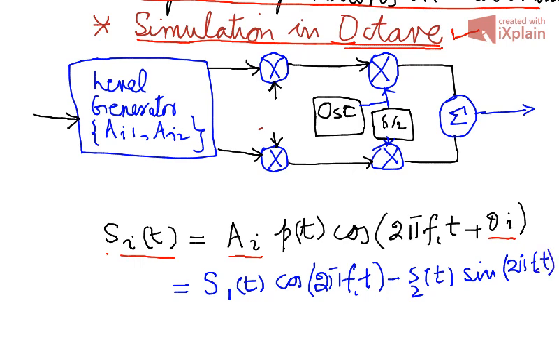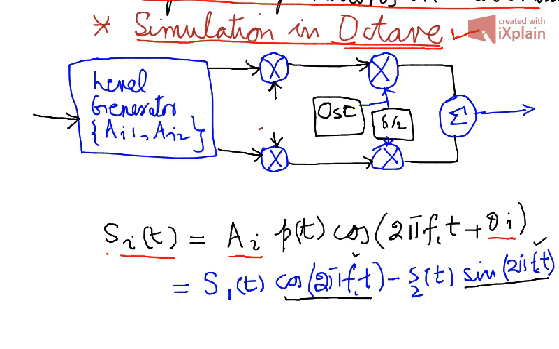So you can rewrite this equation as a linear combination of two orthogonal signals, the cos carrier and the sine carrier, and the frequency is f_c for both. So we have two orthogonal carriers at the same frequency.